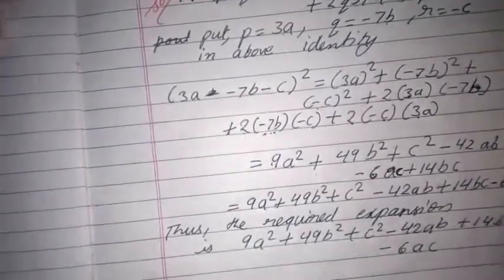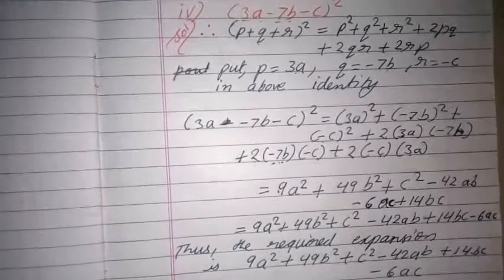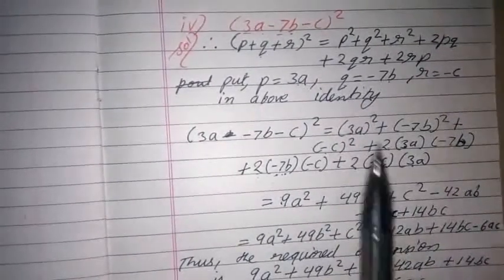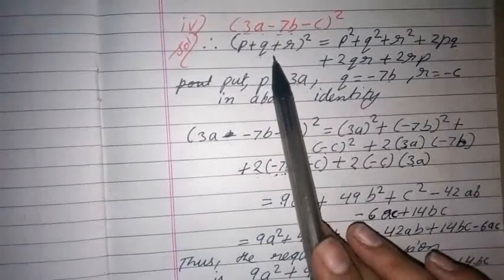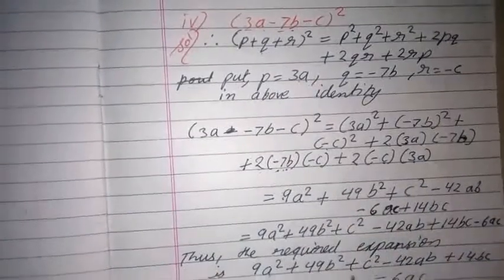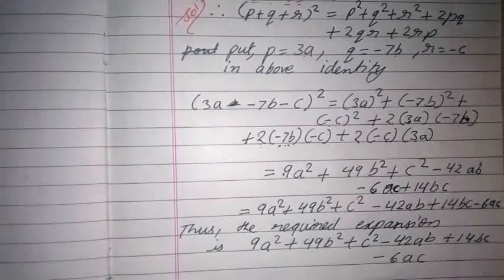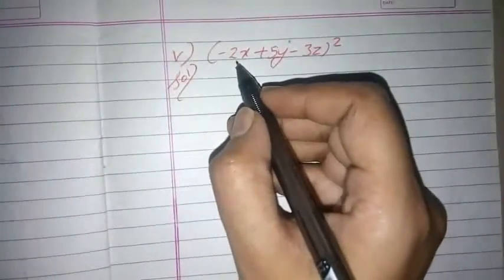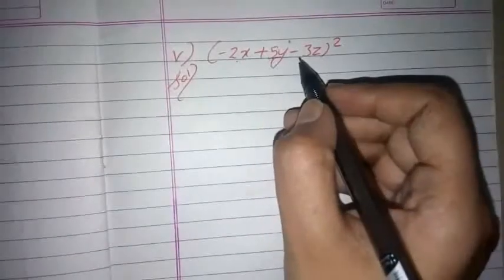Now we'll start the fifth part. All these six parts are easy to solve, but we only have to learn this identity and put in the values. The fifth part is the whole square of minus 2x plus 5y minus 3z.